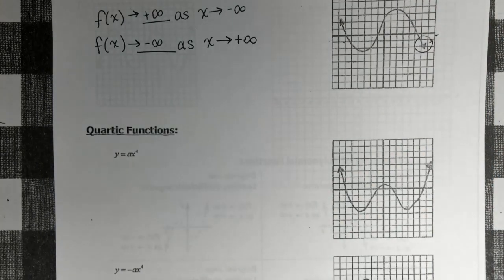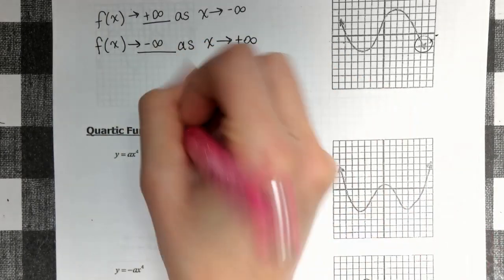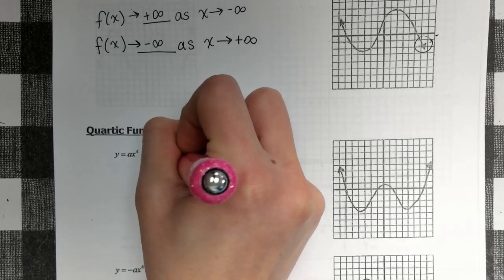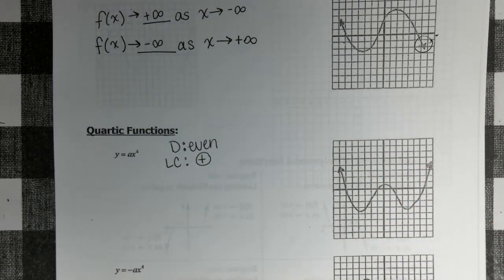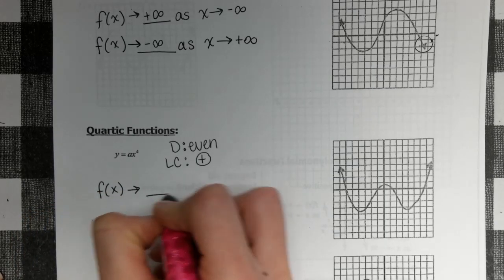So then for quartic, what do you notice? My degree is back to what? Even. So here my leading coefficient is positive again. So we're going to set up our end behavior template.